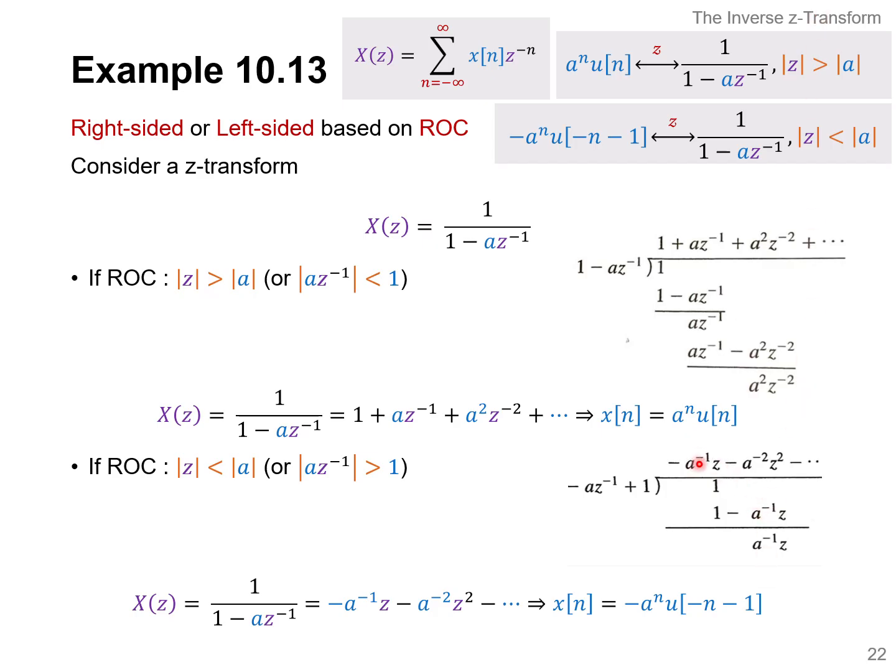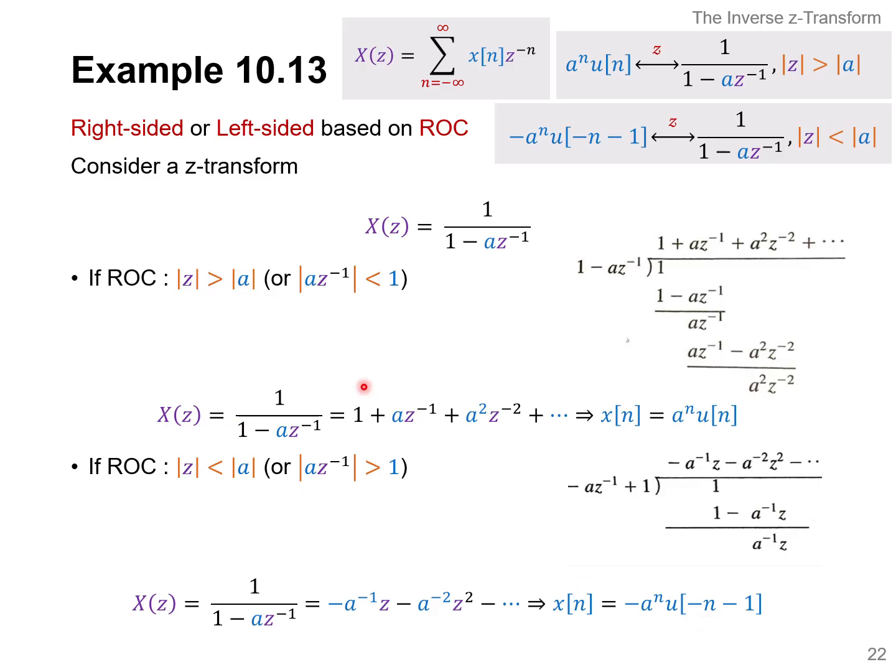The power series is minus a to the minus 1 times z, minus a to the minus 2 times z squared, and so on. This series matches the left-sided signal. So it exists only when n is less than or equal to minus 1.